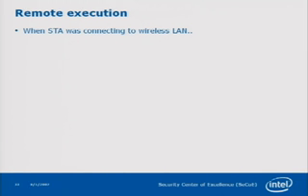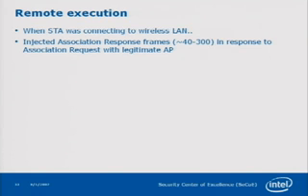When a station was connecting to a wireless LAN network, the exploit injected association response frames. I used 40 to 300 frames depending on different conditions, depending on the surrounding access points.